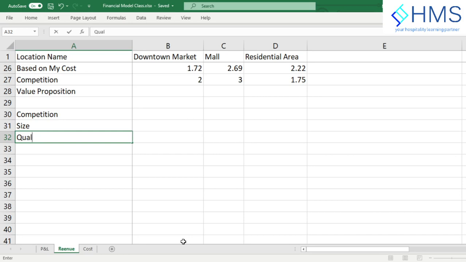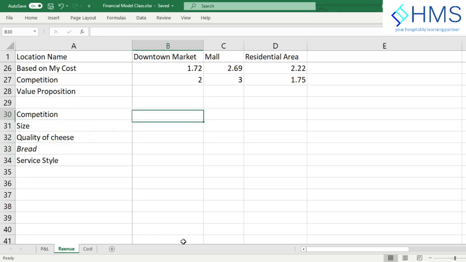The price differential can be because of the quality of the cheese, of the bread, or maybe the serving style, whatever it is, right? So there will be differences in each market. You have to assess what is the plus and the minus.